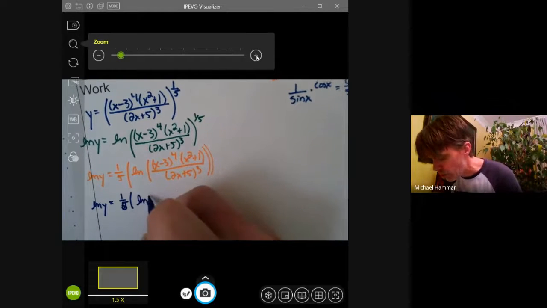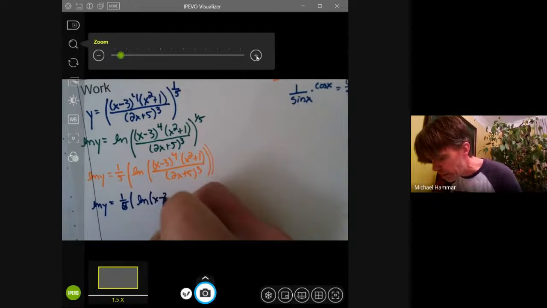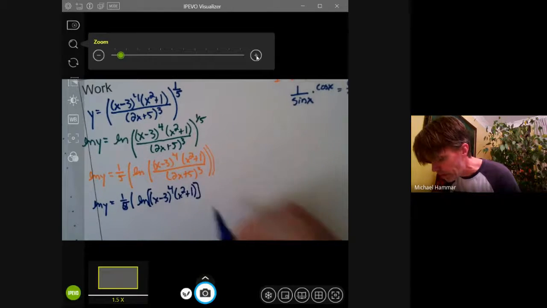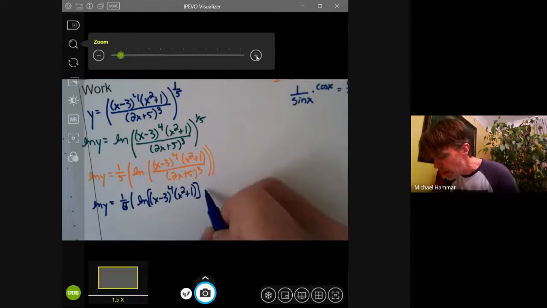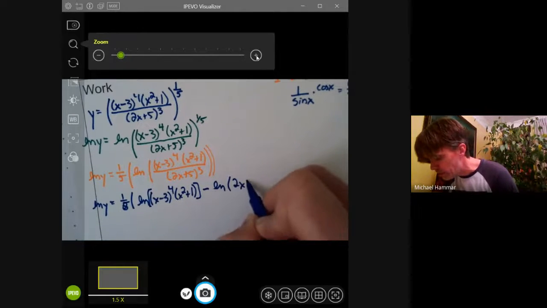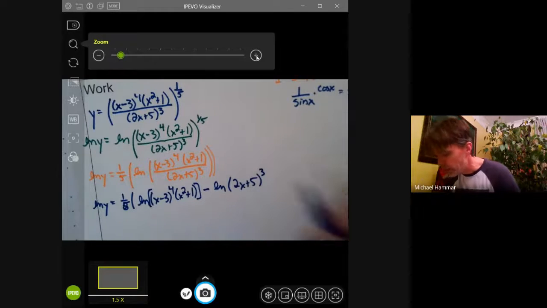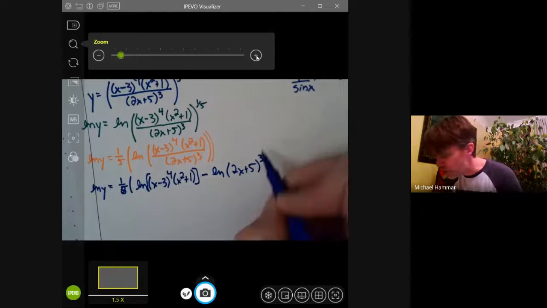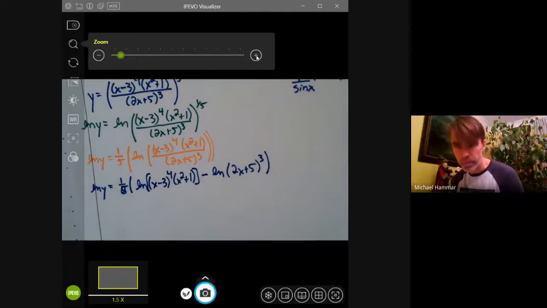So I'm going to have the natural log of x minus 3 to the fourth, and I have x squared plus 1, okay, minus the natural log of 2x plus 5 to the third.